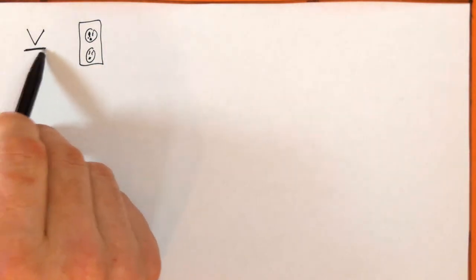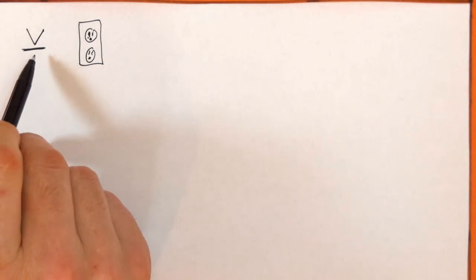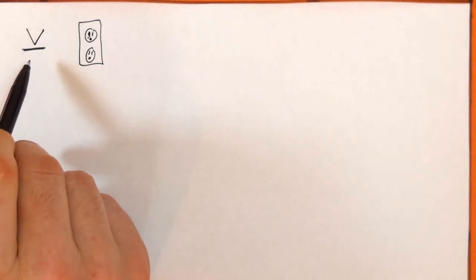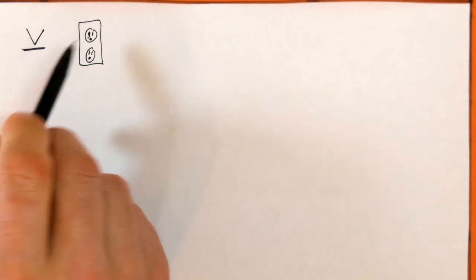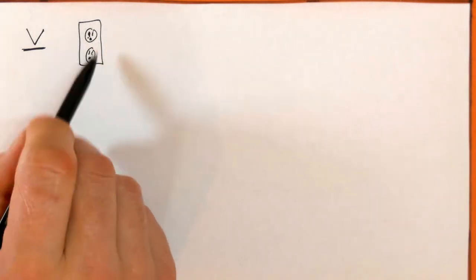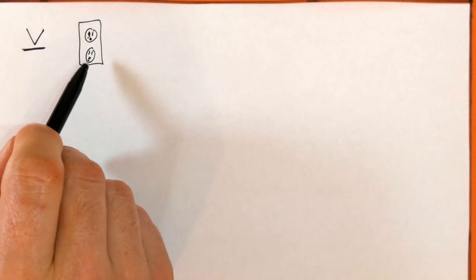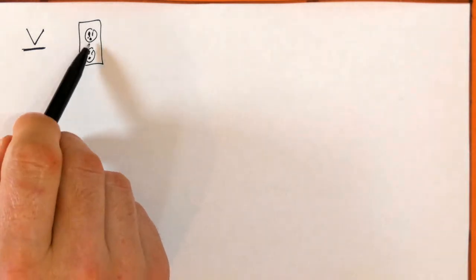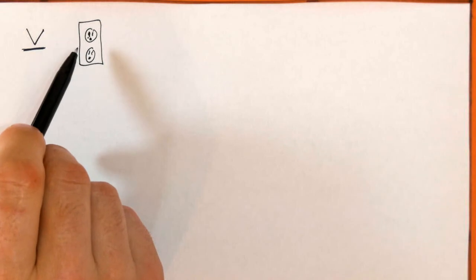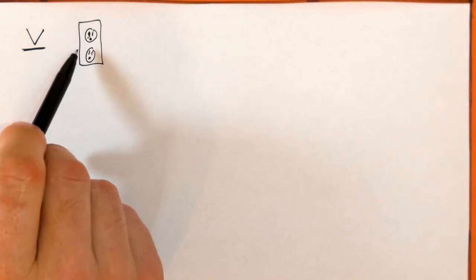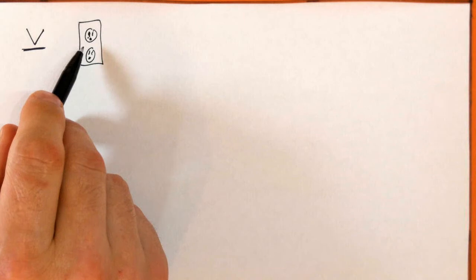And so this electric potential becomes a very usable value that we can apply. And so the plug in the wall is a source of constant potential. As you hook things into it, you can know that that's going to provide a solid potential and it won't change. Okay, so we say that's a source of potential.